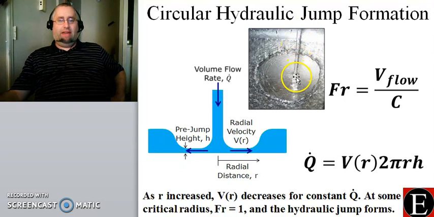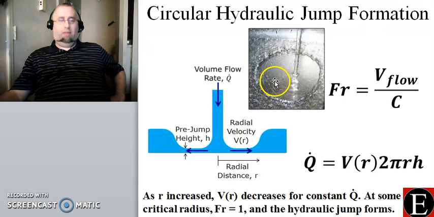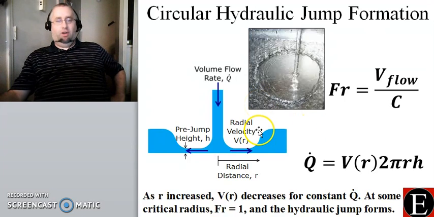The fluid comes down and then it spreads out radially, and it is very fast and very thin for some region, and then all of a sudden it changes from supercritical to subcritical flow and undergoes this very dramatic jump, which you can see here in this image, and then the fluid is of a different structure downstream of the jump.